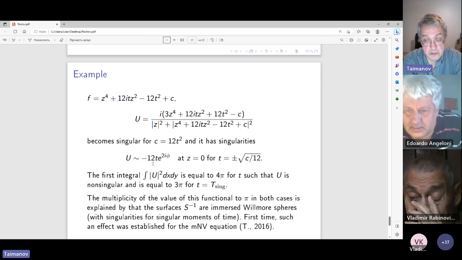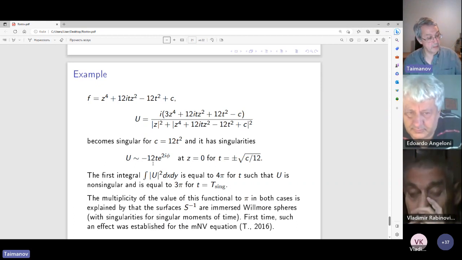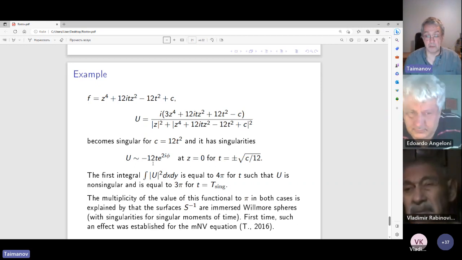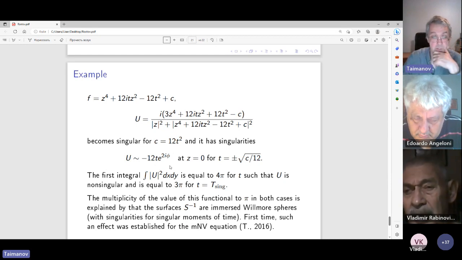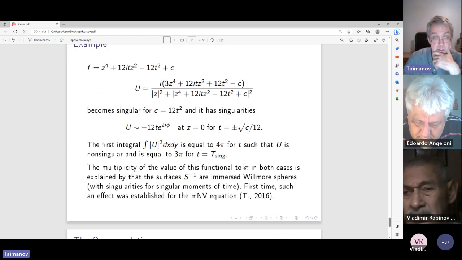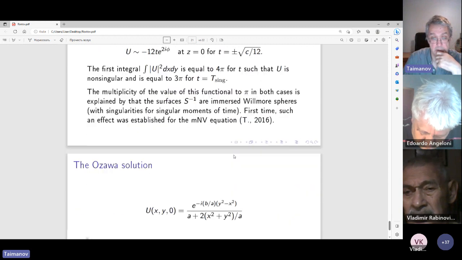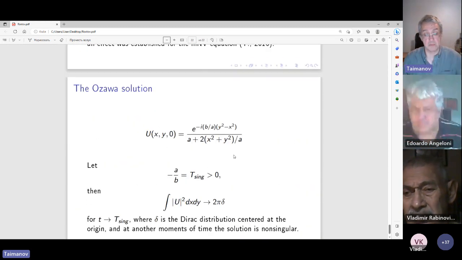They are just induced by Möbius transformations of certain deformed surfaces, and they give you a new class of singularities which do appear for this equation. That's probably the most interesting one. Then I considered Davis-Stewartson, which is a physical equation with important physical meaning.